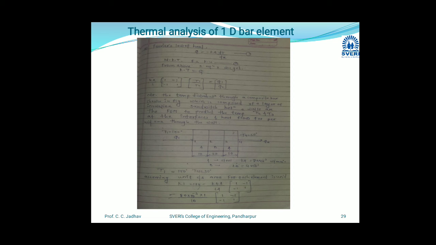So we are going to start from the thermal conductance matrix, the stiffness matrix for element 1, that is K1 is equal to K3, because K1 and K3 are the same for the steel material. So K1 is equal to K3 is equal to Ka into A divided by LA, into the matrix 1 minus 1, minus 1 1.